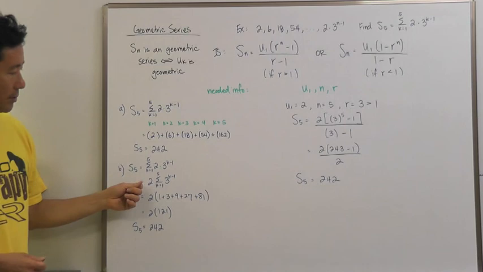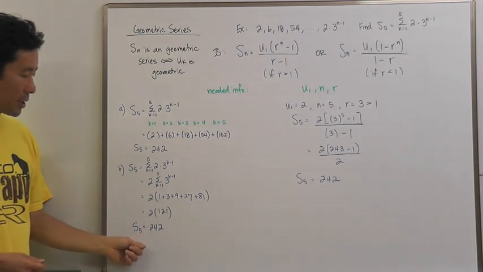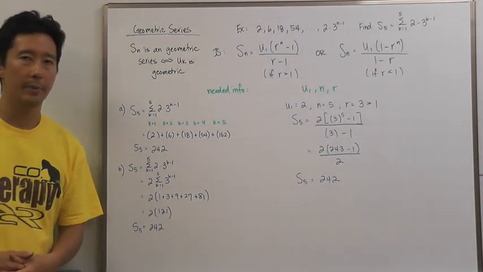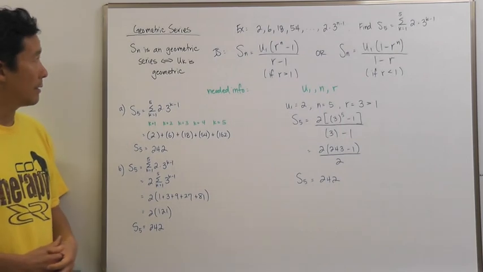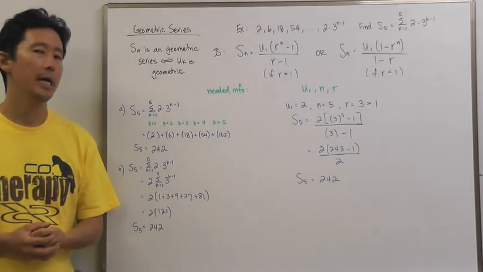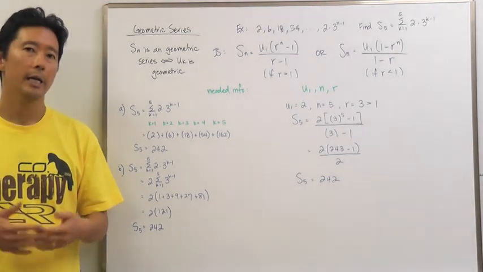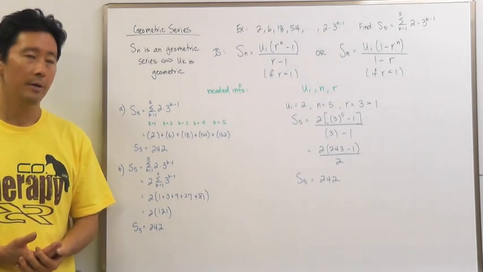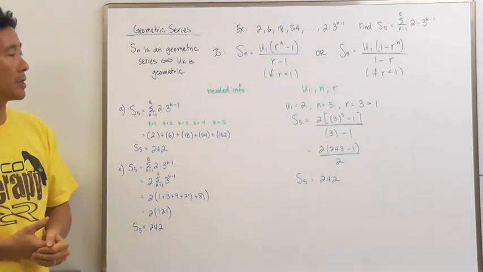I can also use some of my properties of sigma notation to come up with exactly the same result. So again, if we know that we're dealing with a sequence which is geometric, and we're trying to add those terms together, then we're dealing with a geometric series.